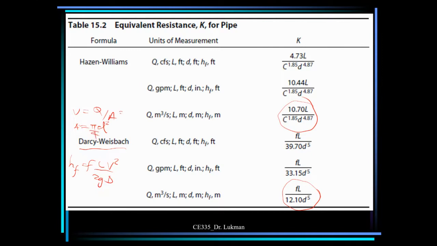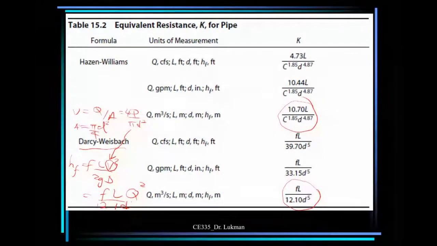So in this case, V is equal to Q over pi D squared over 4, that is 4Q over pi D squared. When you replace V with 4Q over pi D squared, you will arrive at fL Q squared over 12.1 d to the power of 5. Already here you have d, and then here you square it.